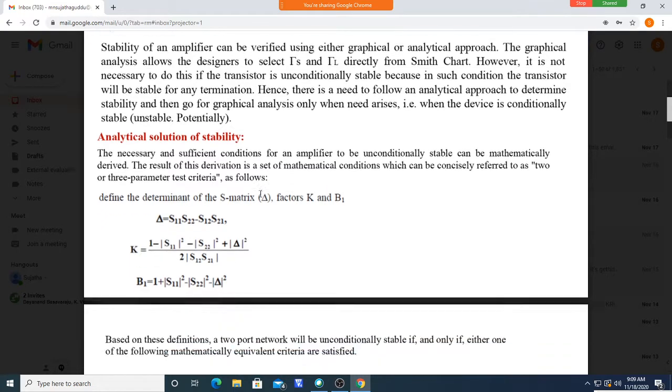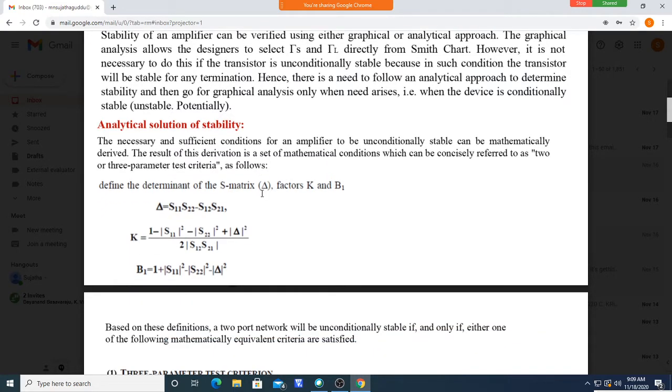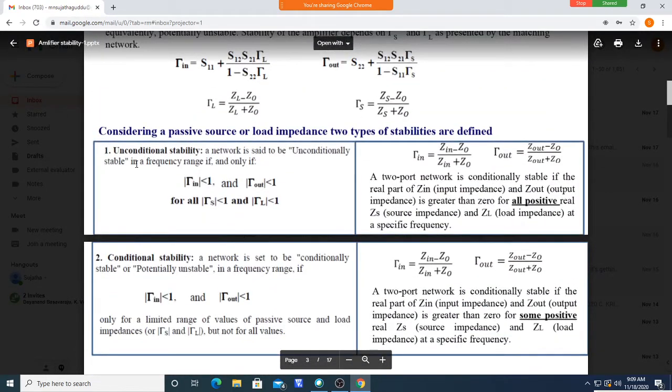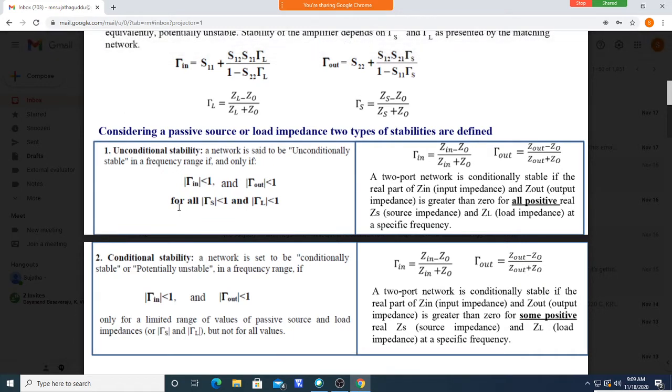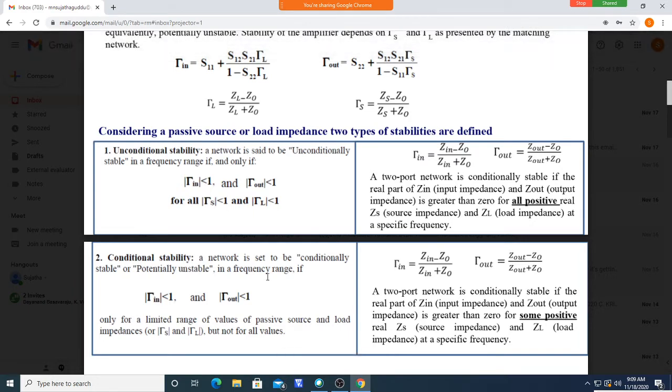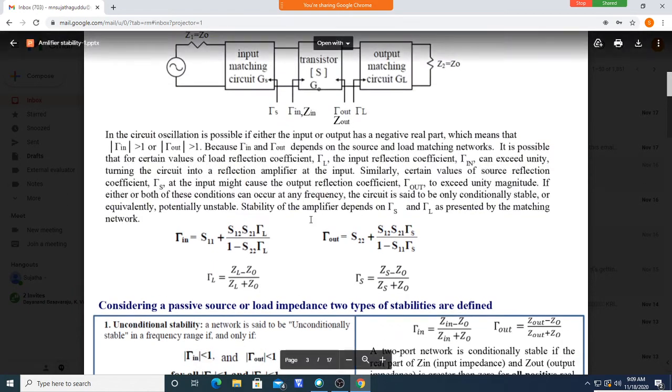Okay, in the analytical solution, there are two types of stability: unconditional stability and conditional stability, as we were discussing in the previous class. Some devices are characterized by their S matrix, which will be provided for the transistor.